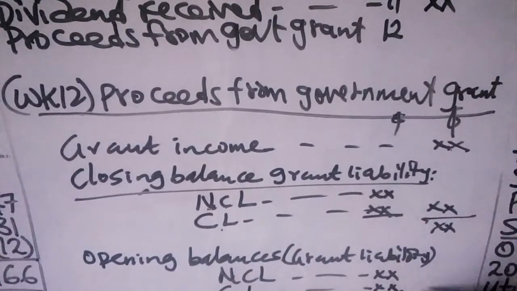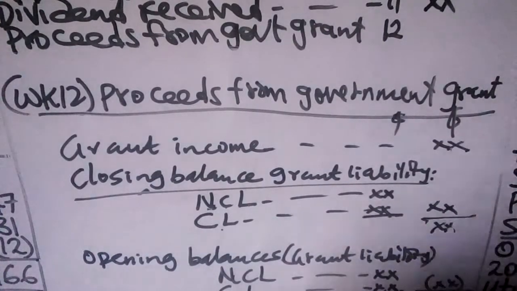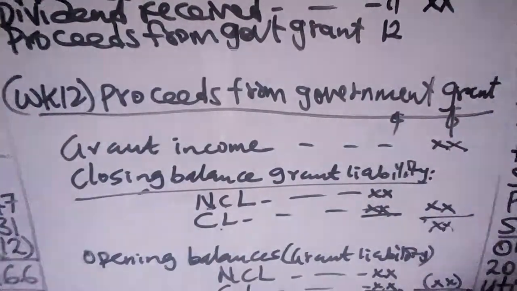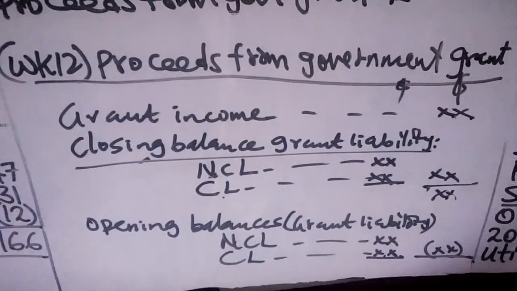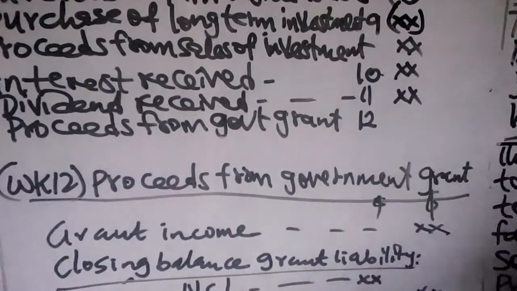The total of these two is this. When you remove it from this total, you have the proceeds from government grant received. That is the proceeds that will be reported as investing activities.